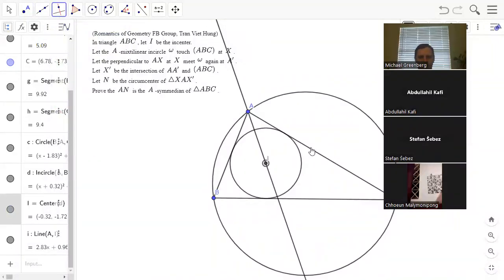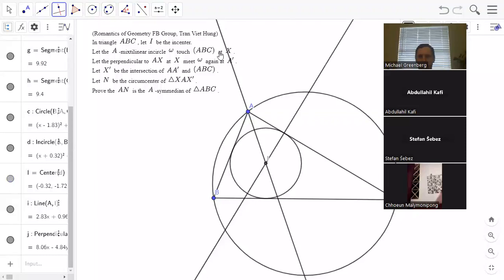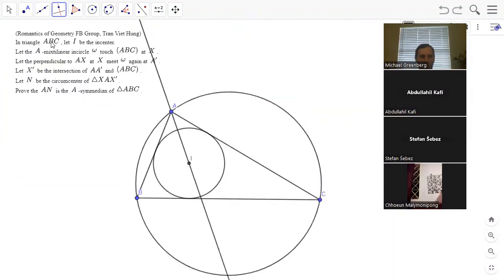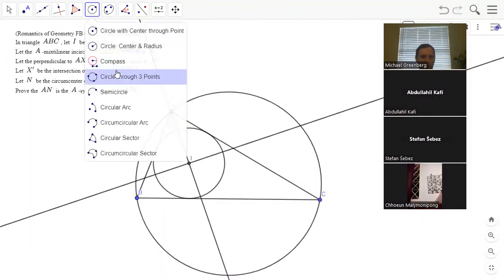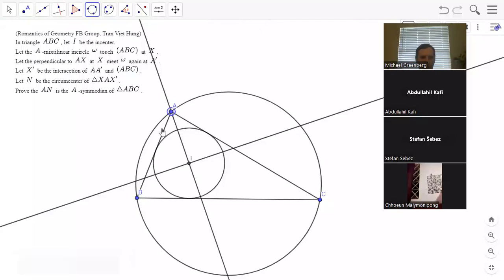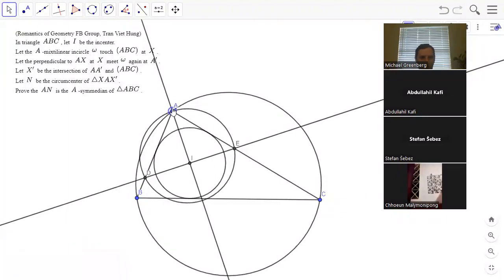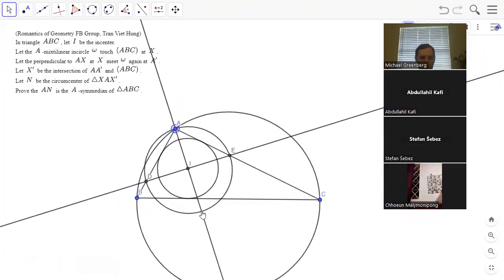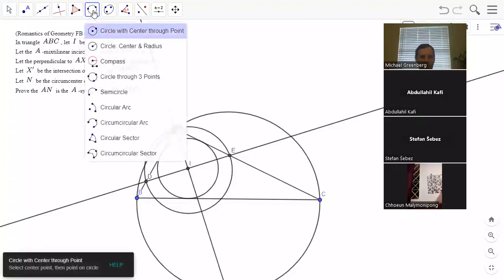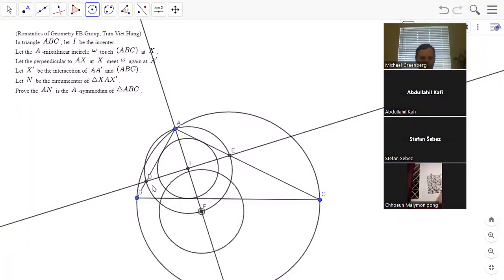Let me close this. We need that, and we need this. And we need this. So this will be the center of the circle. And there we go.